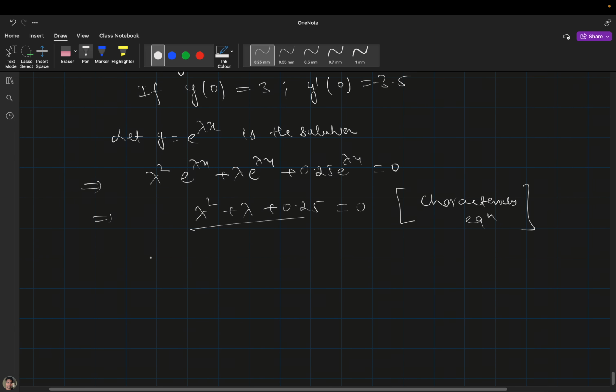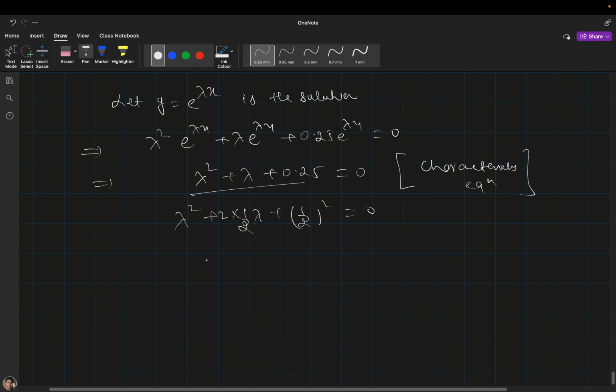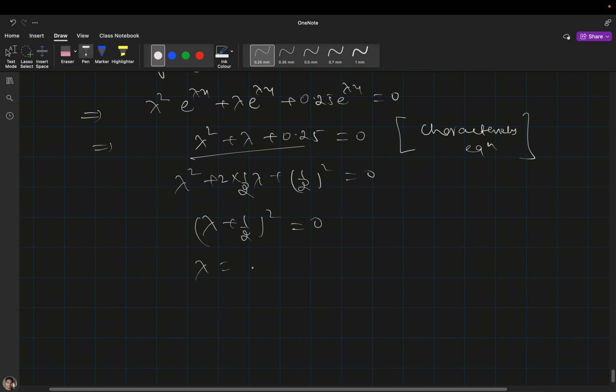Now find the roots. You will get lambda squared plus 2 times 1/2 lambda plus (1/2) squared equal to 0, and that will be (lambda plus 1/2) squared equal to 0. You will get lambda equal to minus 0.5.